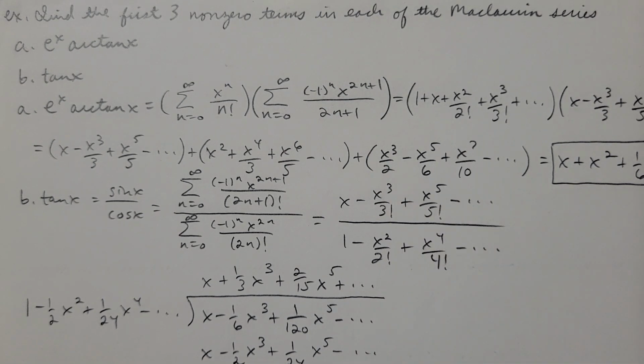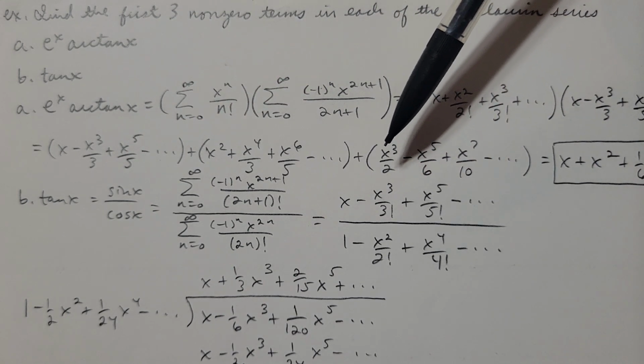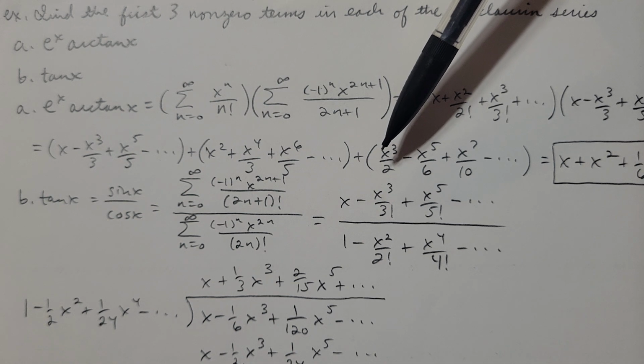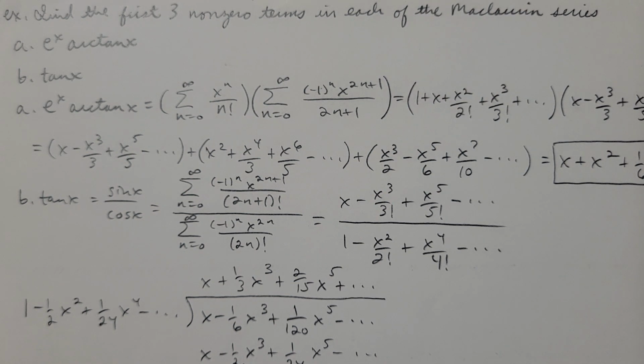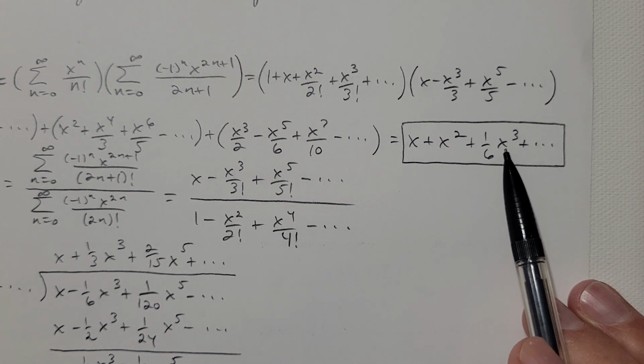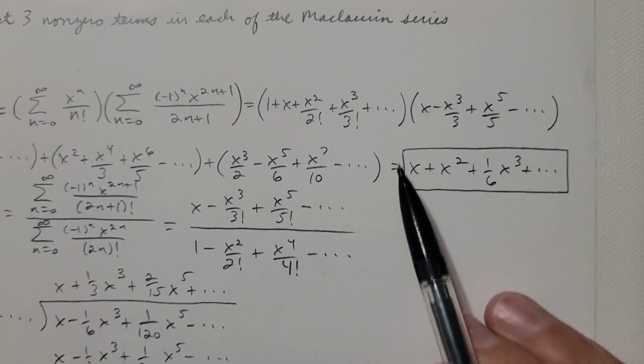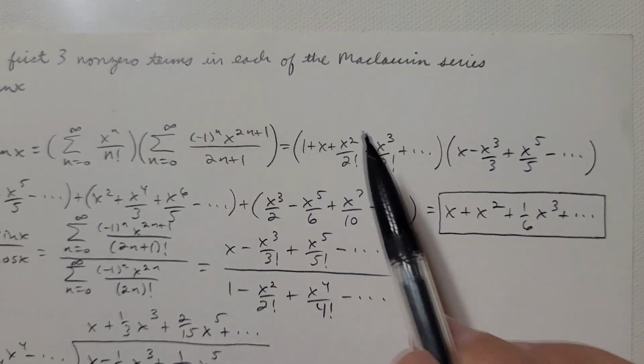Negative 1/3 plus 1/2, the common denominator would be 6. So negative 1/3 is the same as negative 2 over 6 plus 3 over 6. That's 1 over 6 x cubed. So plus 1/6 x cubed plus etc. So there's the first three terms in that series.